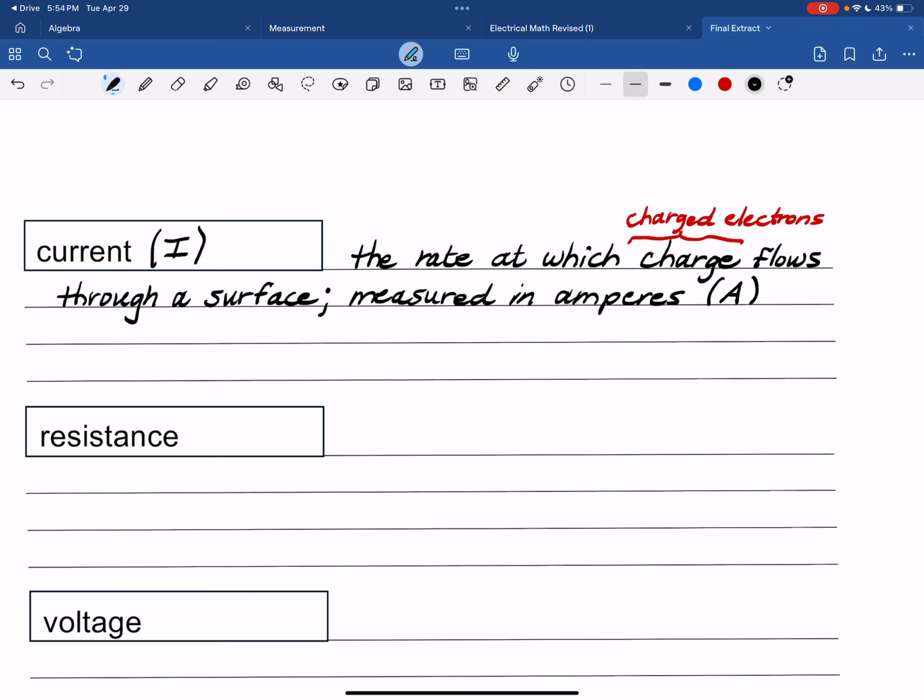And then we have resistance. Resistance on the Ohm's wheel is capital R. And resistance is the tendency of an electrical component to resist the flow of current.